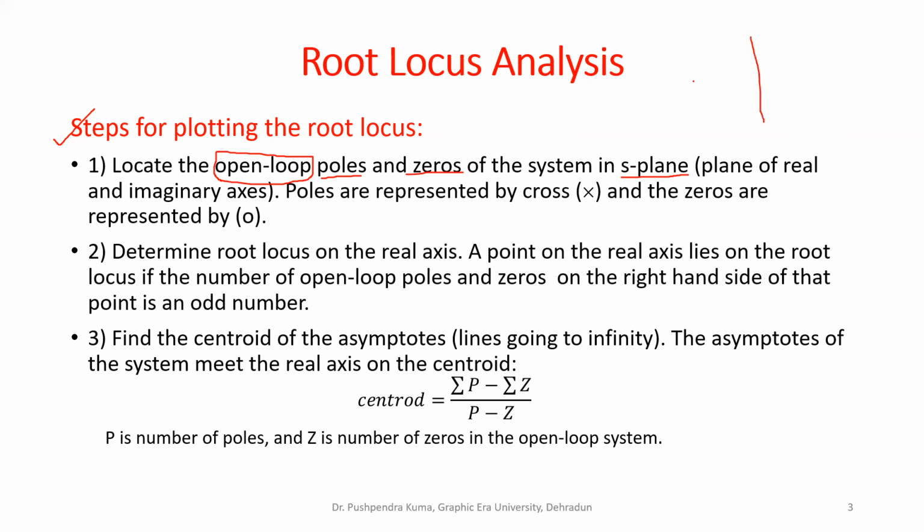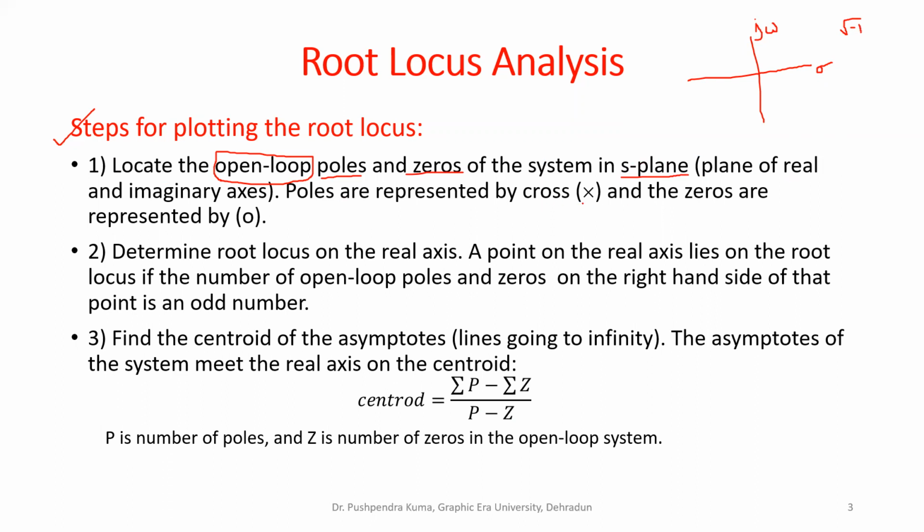You already know this S plane. It has sigma as the real axis, and j omega as the imaginary axis, where j is nothing but the imaginary unit, the square root of minus 1.